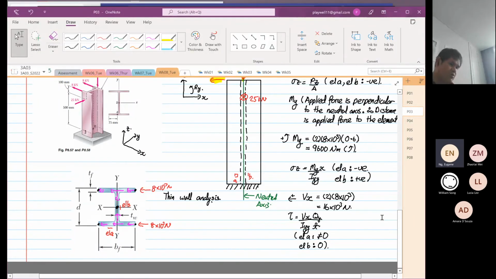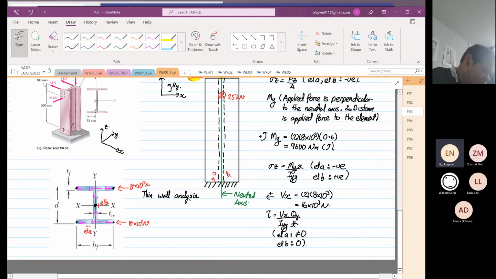Okay, so before the break, where we were is we did a thin wall analysis of the 8 kilonewton shearing force coming in the Vx direction.